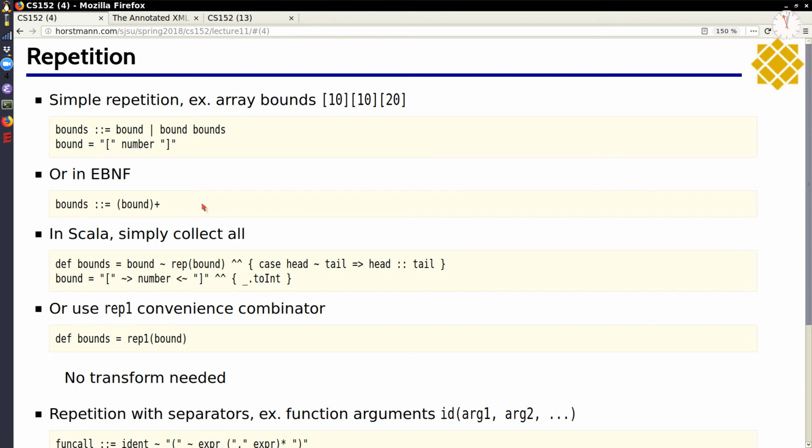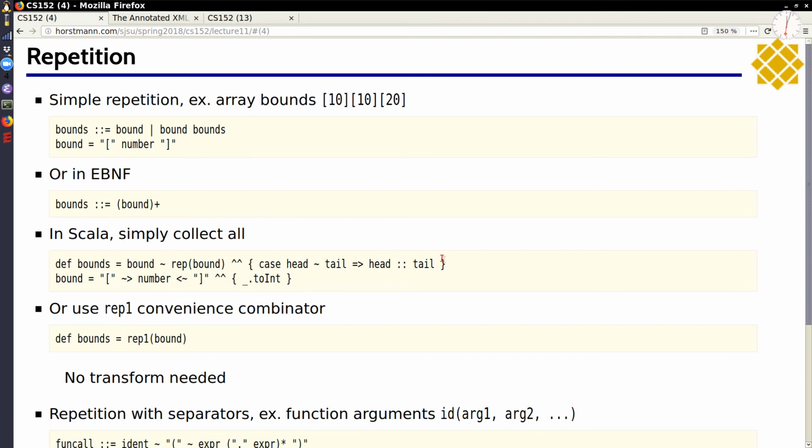So here's one way to get 1 or more. I can say, give me a bound, followed by a repetition of bounds. That way I get 1 or more. And then I can parse that out and say, when I get that, transform it as follows, because we have a head and a tail which may or may not be empty, and then I can put them together into a complete list by saying head followed by tail. So that, what you see here, is a way of representing the rule in Scala.